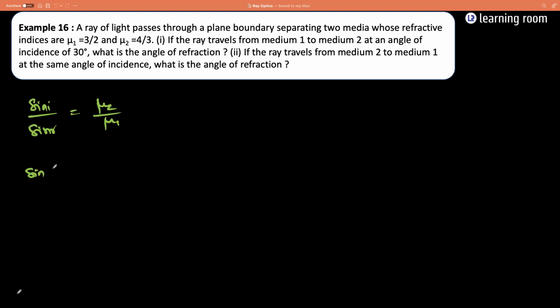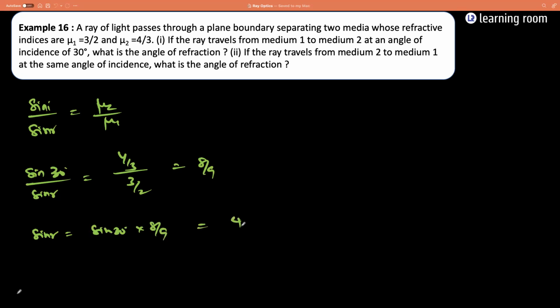So sin 30 degree divided by sin R is equal to 4 by 3 divided by 3 by 2, which is going to be 8 by 9. So sin R is equal to sin 30 into 8 divided by 9. So it is going to be 4 by 9. R will be sin inverse of 4 by 9.